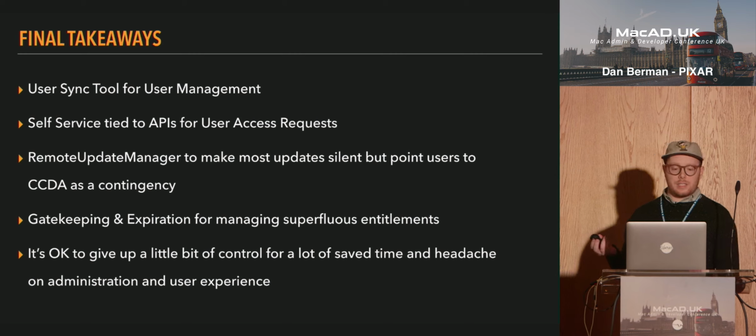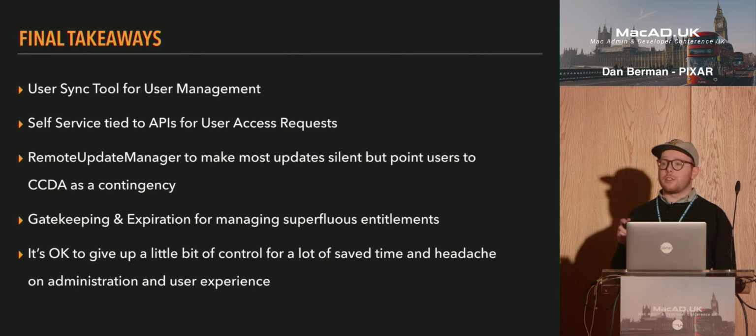So the final takeaways are: the user sync tool is great, and you should absolutely use it. Use self-service. You can definitely tie in your own self-service things with what Adobe is doing. Use Remote Update Manager because it's great most of the time, but have a contingency plan.